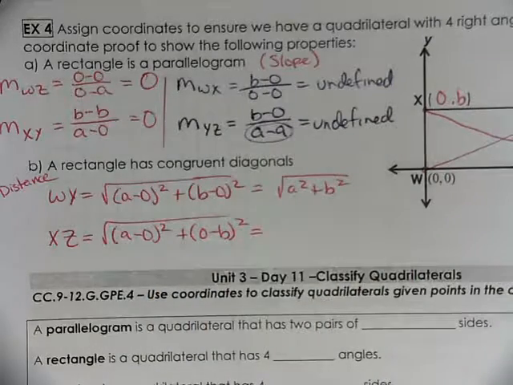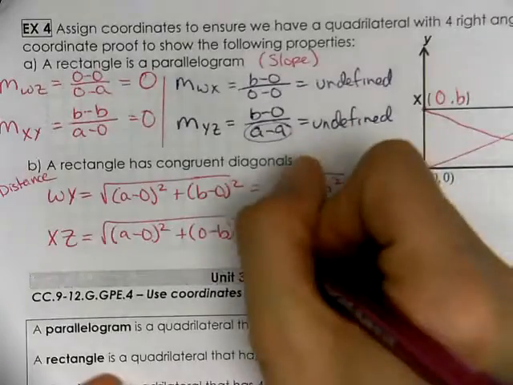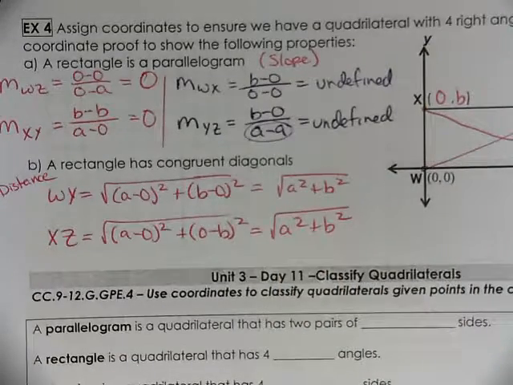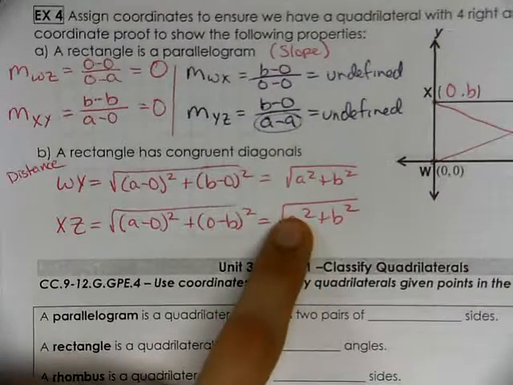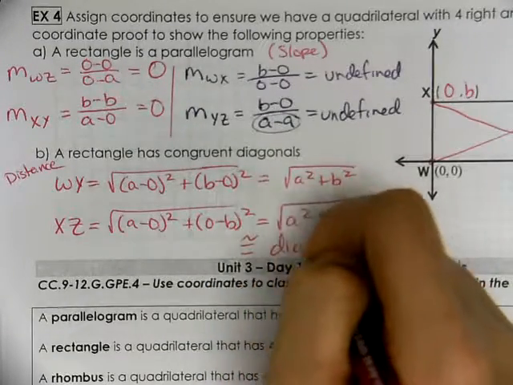What do you get? Same thing? So now these are the same. So you have congruent diagonals.